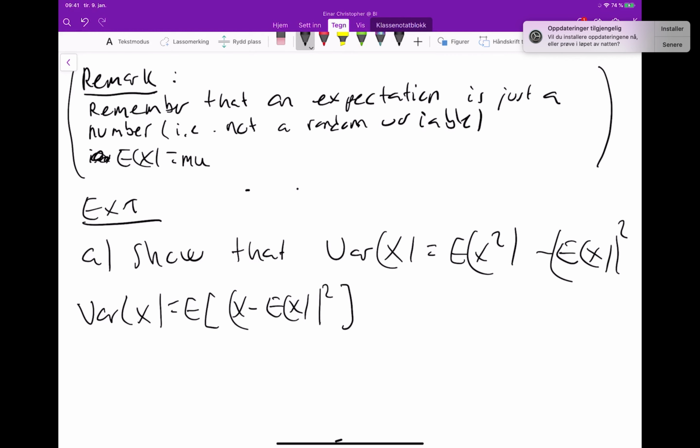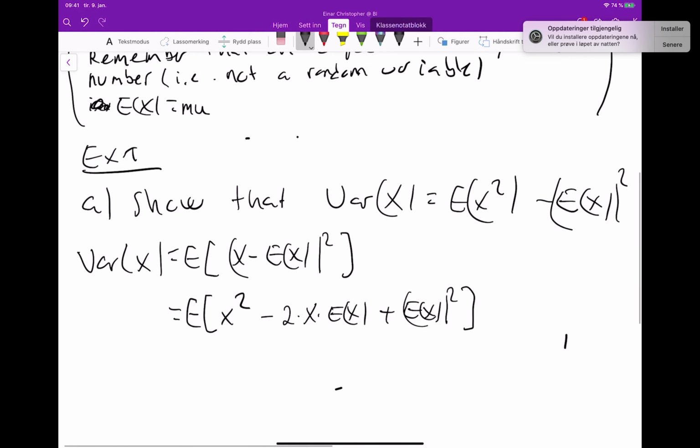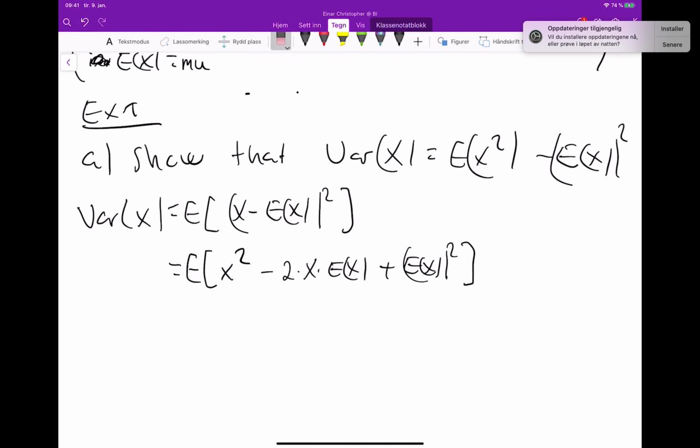Okay? Then I'm just expanding the square, such that inside the brackets here I can see I have a square, so that will be x to the power of 2 minus 2 times x times the expectation of x plus the expectation of x to the power of 2. And then I let the expectation go into the brackets here.